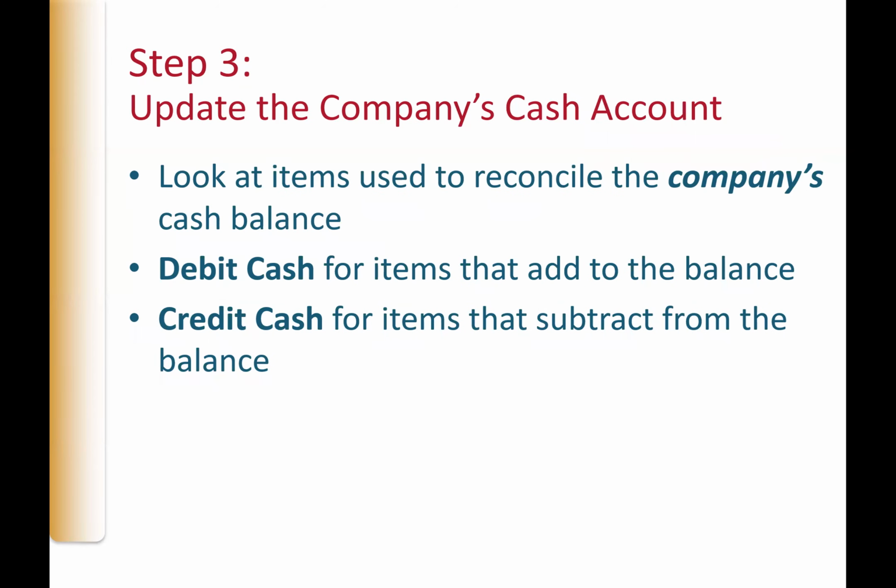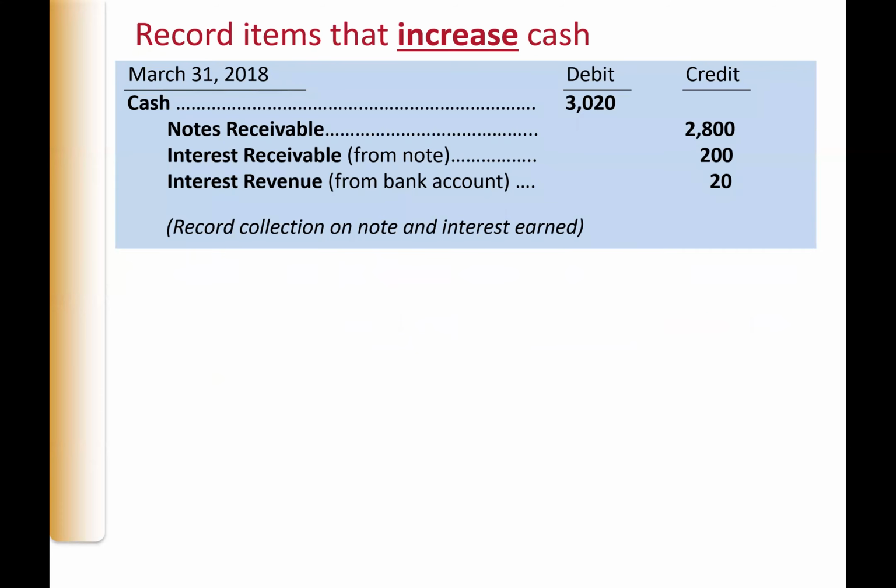Then look at items used to reconcile the company's cash balance. We debit cash for items that add to the balance, and we credit cash for items that subtract from the balance. So in this case, based on our previous example, we debit cash for $3,020.